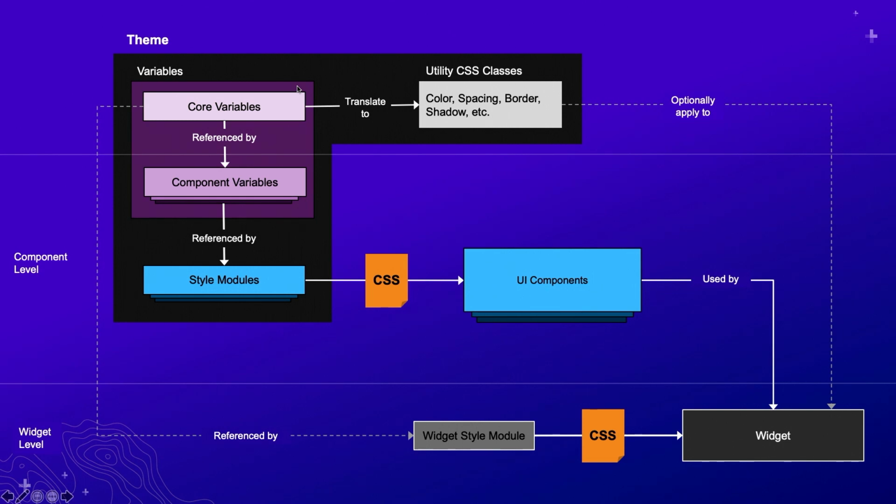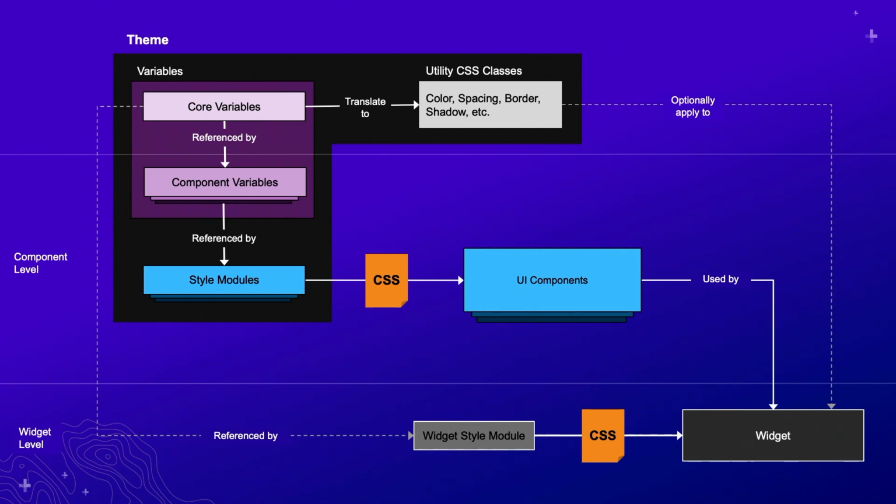It contains some of the core variables, including colors, font, border, and etc. Those variables are referenced by the component variables, which will be used in the style modules, which are functions that generate CSS files on the fly.